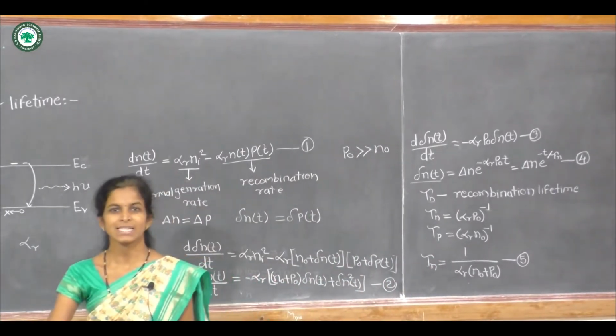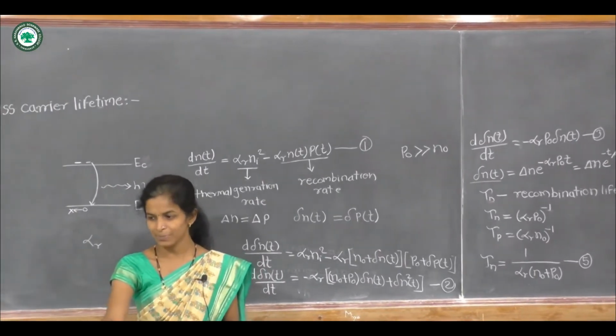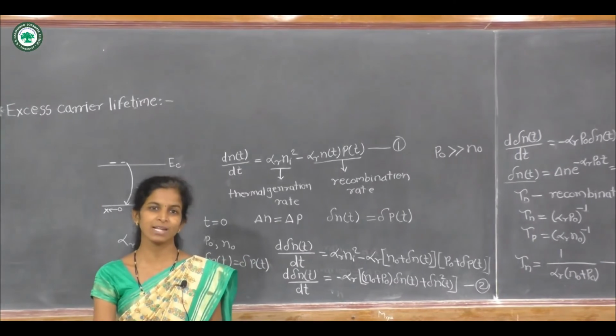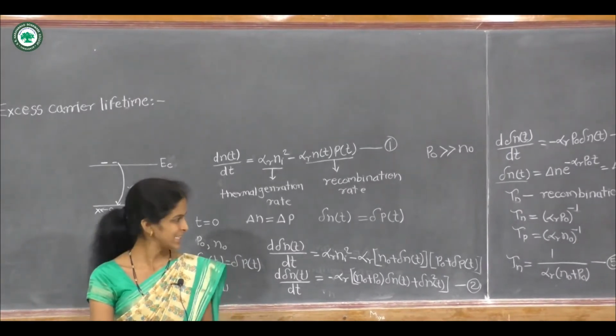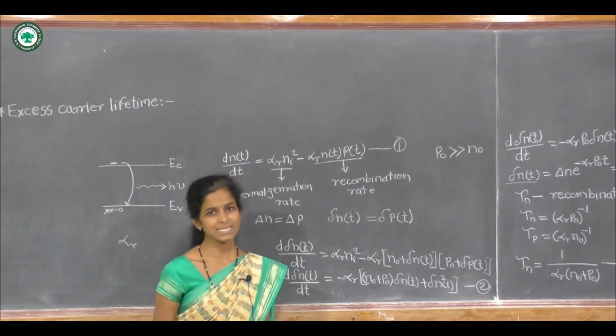This expression is valid for n-type as well as p-type material if the injection level is low. So this gives the excess carrier lifetime for the extrinsic material.